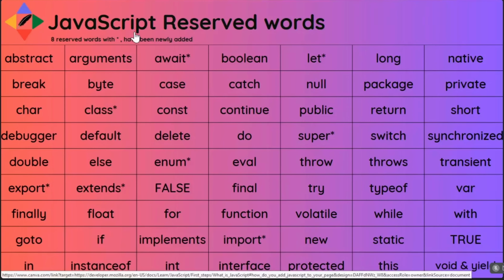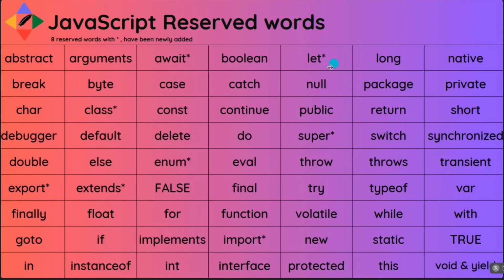One example: earlier, in order to declare a variable, only the var keyword was used. Later, let and const were added, and they can also be used to declare a variable.